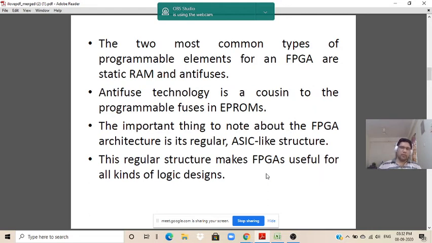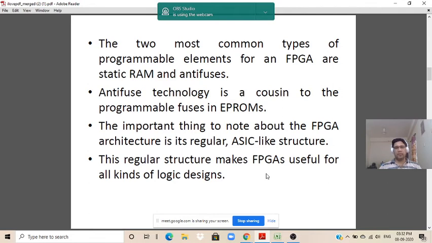The two most common types of programmable elements for an FPGA are static RAM and anti-fuses. Two technologies are used to program the FPGA: one is static RAM and the second is anti-fuses. Anti-fuse is a type of permanent connection. We can program with anti-fuses only once.